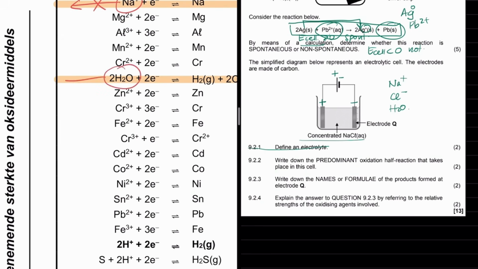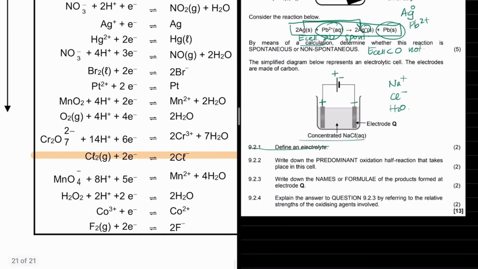Can the H2O be written from right to left? No, it can't. Then I look at the Cl-. Can the Cl- be written from right to left? Yes, it can. So the oxidation half reaction is going to be 2Cl- goes to, remember, for a half reaction only use a single arrow, Cl2 + 2e-.